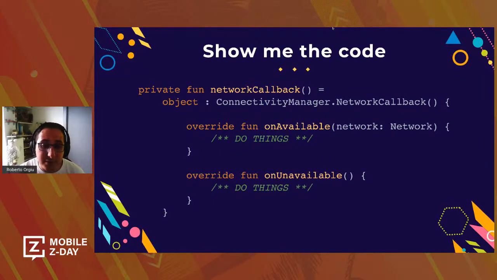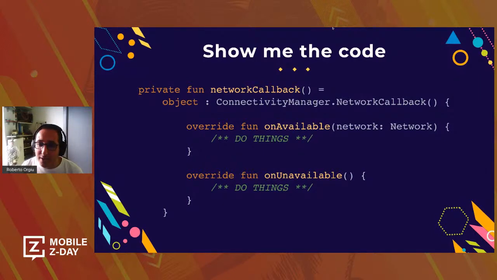Among them, there will be, for instance, a method that will be invoked when we are about to lose the network and when we know how much time is left before we get disconnected from the network. A very important part of these methods is actually the network parameter on the onAvailable method.